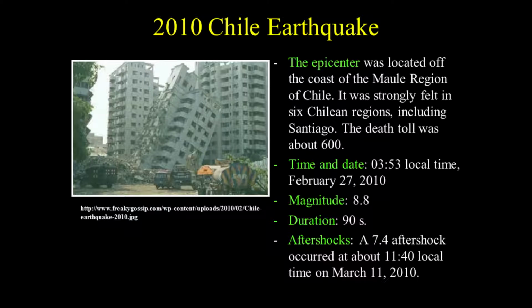The time and date was 3:53 local time on February 27, 2010. It was a magnitude 8.8 and lasted for 90 seconds. A 7.4 aftershock occurred at about 11:40 local time on March 11, 2010.